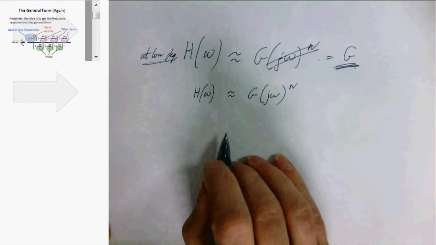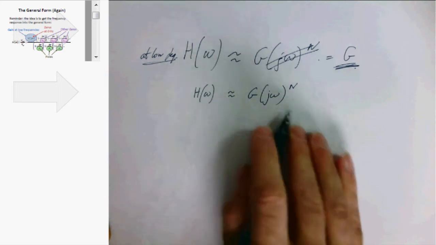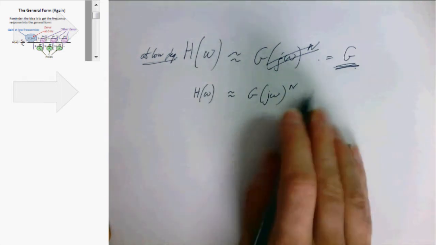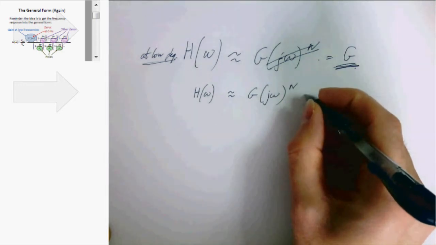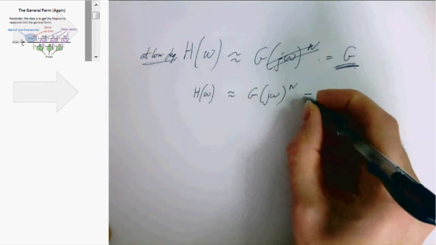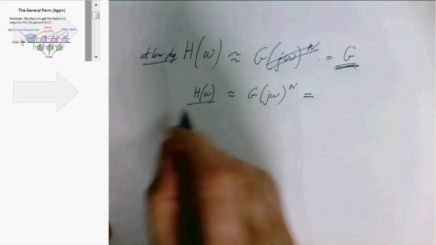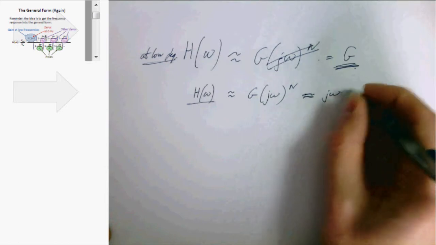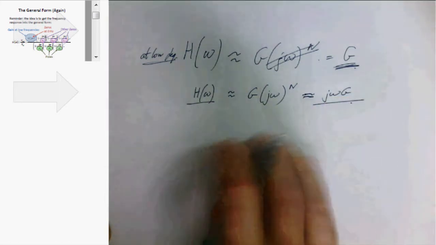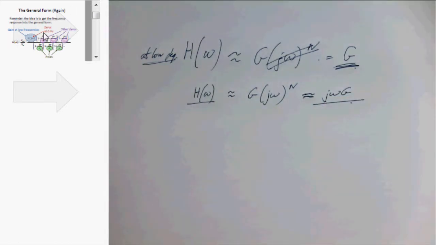All of the circuits we've seen so far, if they have any zeros at 0 Hertz, only have one of them. So for a circuit with 1 zero at 0 Hertz, the response at low frequencies is approximately equal to j omega G. Anyway, that's the kind of thing we've seen before.